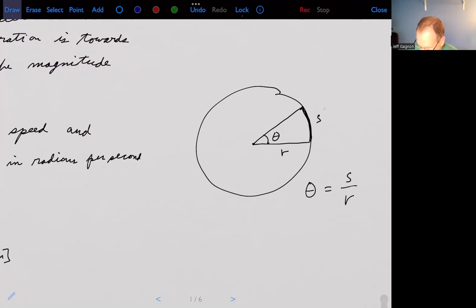So if one of those is in meters, the other one's in meters, they cancel, right? So really there's no units when we talk about radians. So it's just to remind us that we're in radians.